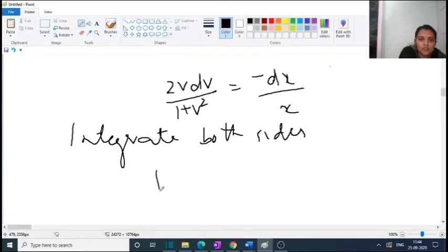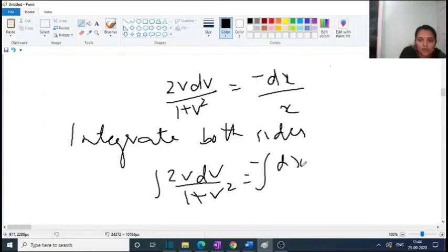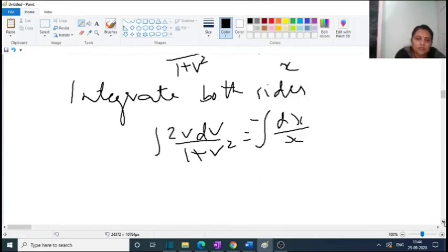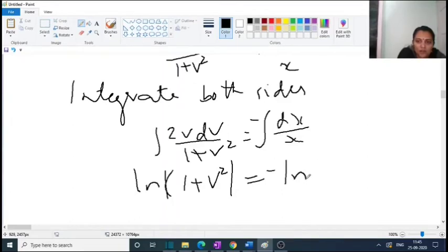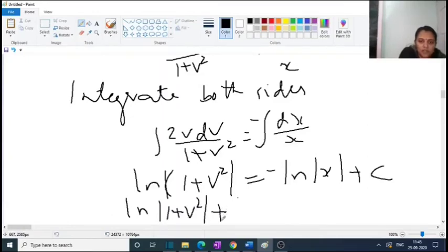We get the integral of 2v dv by 1 plus v square is equal to the integral of minus dx by x. The derivative of v square is 2v, so this is ln of 1 plus v square is equal to minus ln of mod x plus c, or ln of 1 plus v square plus ln mod x is equal to c.